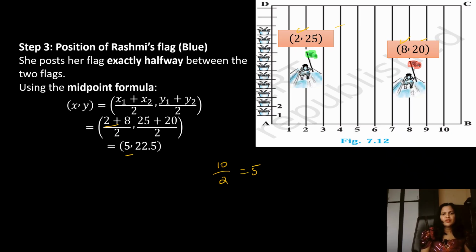Okay, then 20 plus 25 is 45. 45 by 2: 2 ones are 2, 2 twos are 4, 5 minus 4 is 1. I'll put the decimal point, 10. 2 fives are 10. That's why 22.5. This is the position of Rashmi's flag, that is the blue flag.